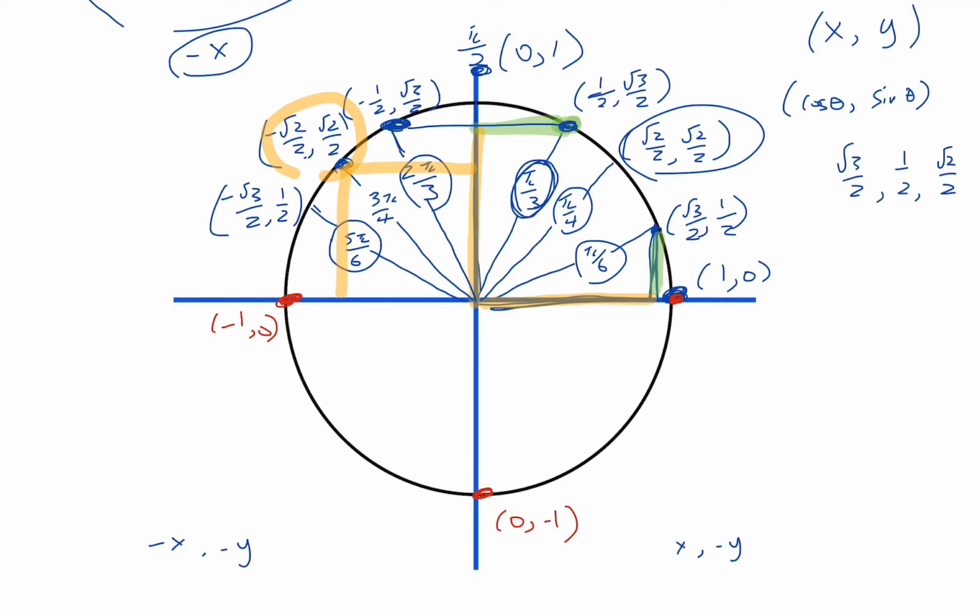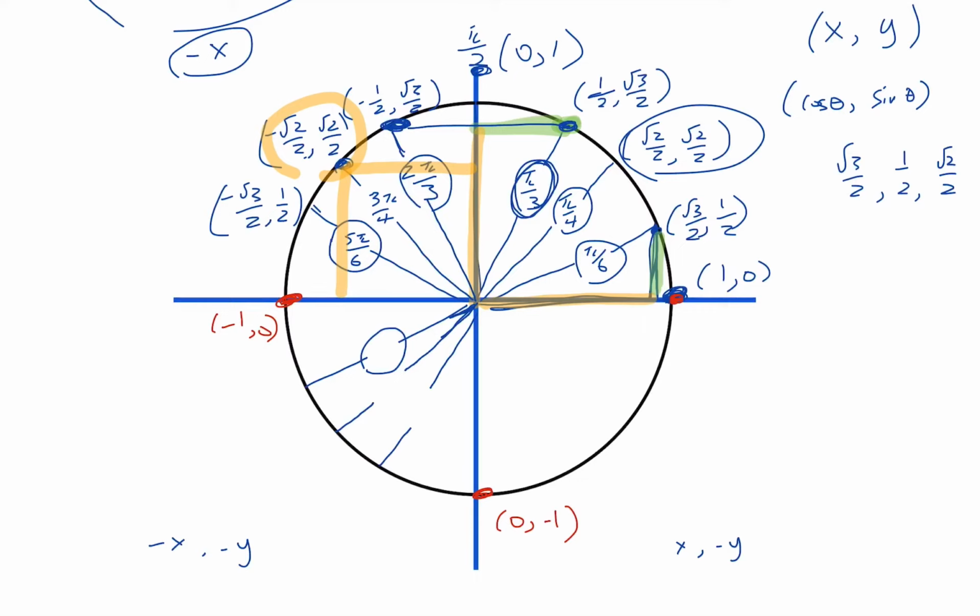So then let's look at this one. So let me draw this angle first here. Then we draw this one. And draw this one. Okay. So how can I remember this angle?